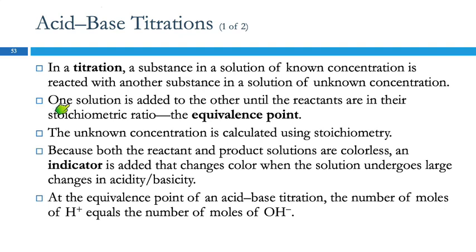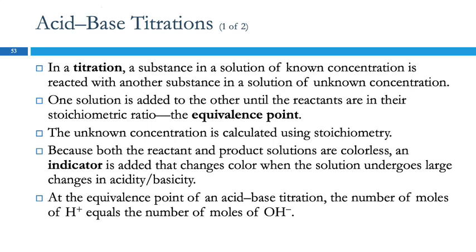So we take the one solution and we add it to the other until we get stoichiometric amounts. The hard part is, how do we know when that happens? That's called the equivalence point, when we've got equivalent amounts of both reactants. And then we can calculate the unknown concentration using solution stoichiometry, which we learned about recently.